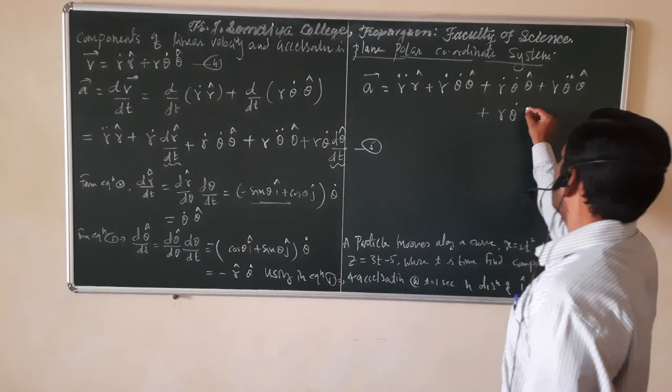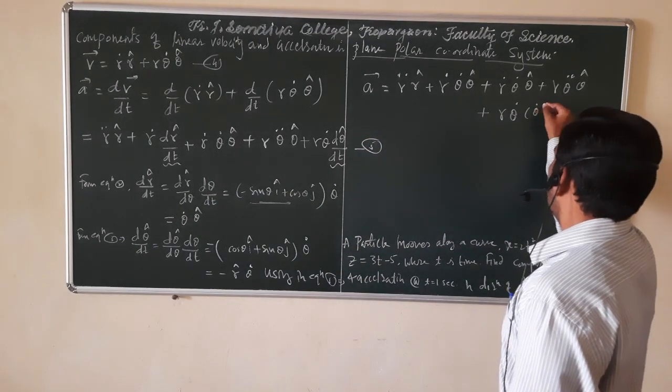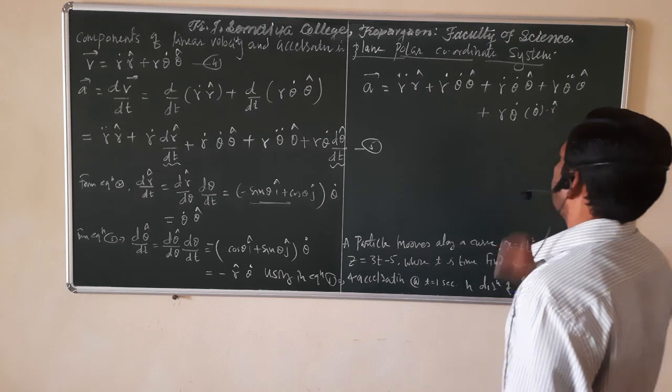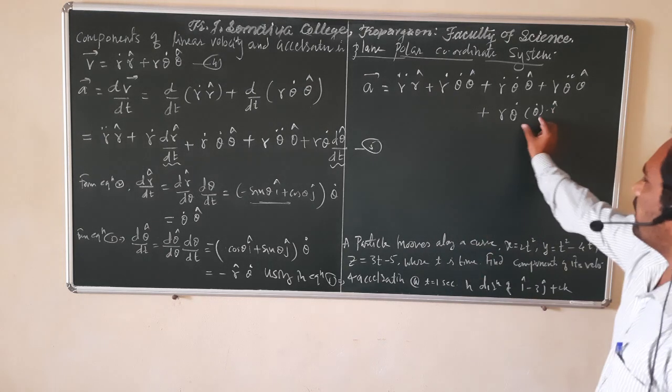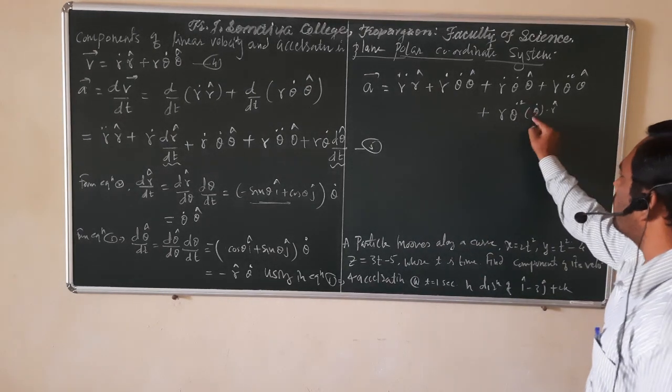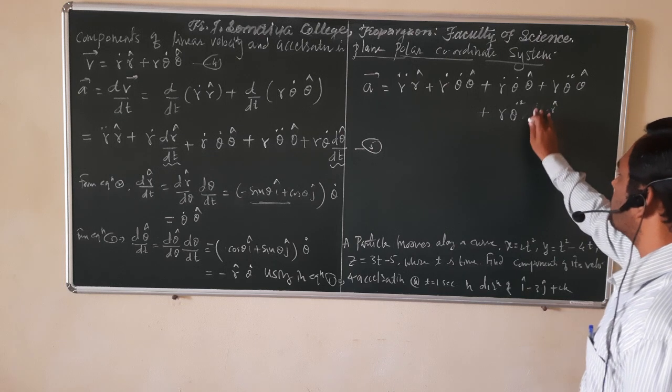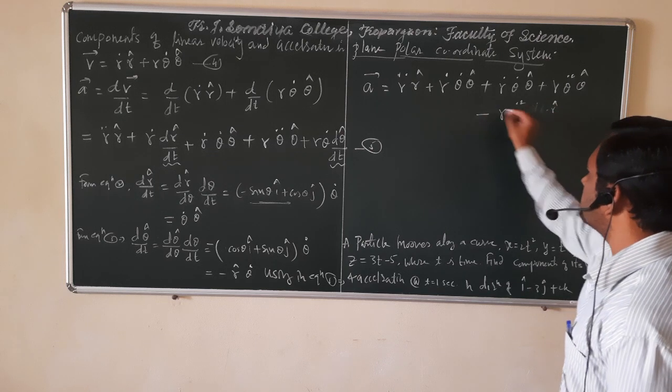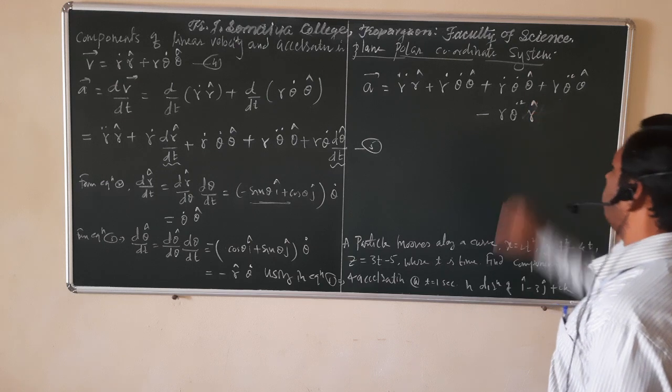So theta dot into minus r cap, if you simplify this term, becomes theta dot into theta dot, which is theta dot square, the sign becomes minus, and here we have r cap.